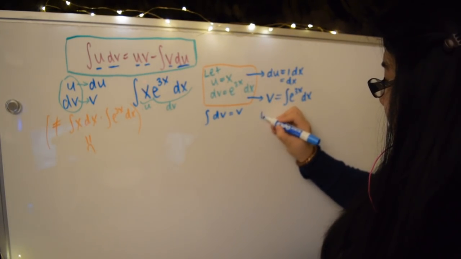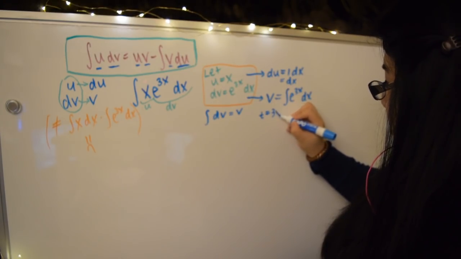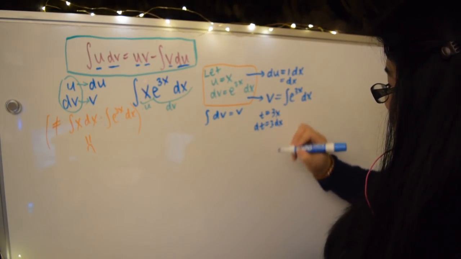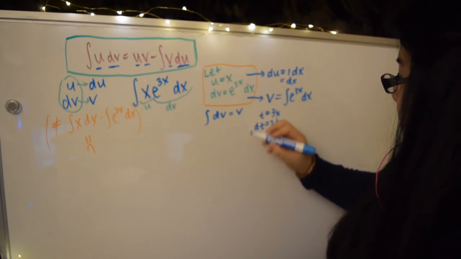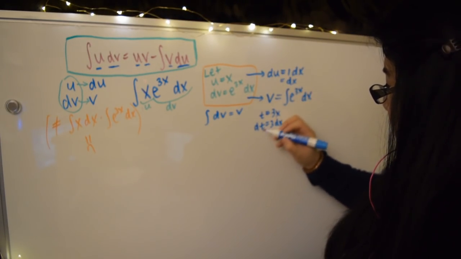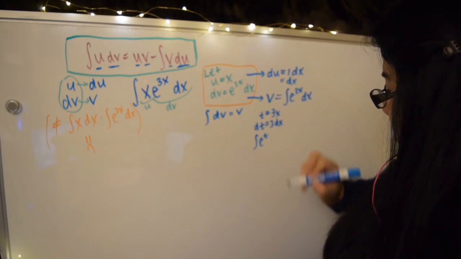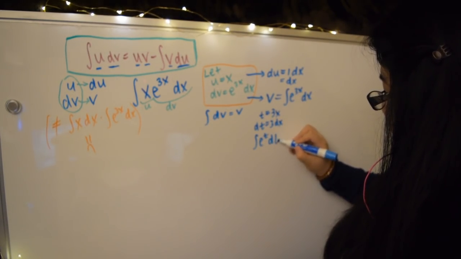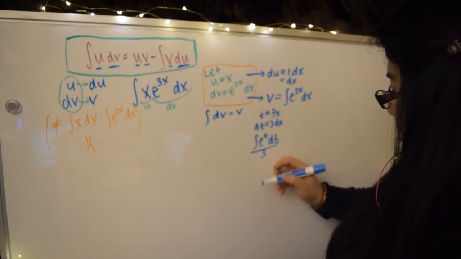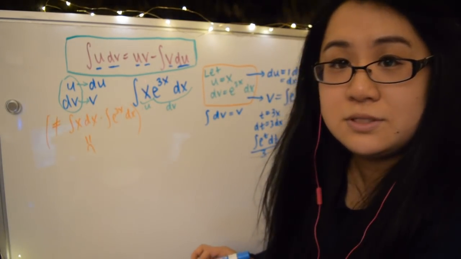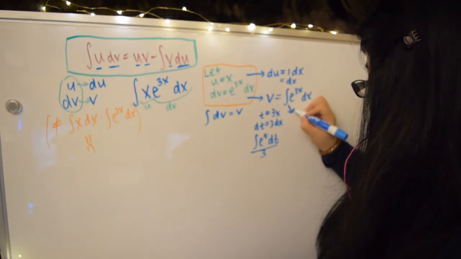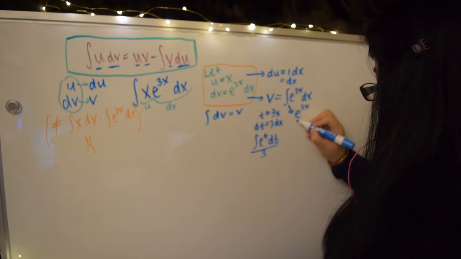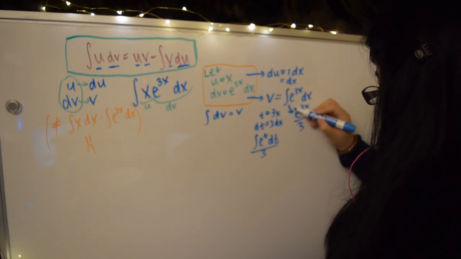If I want to, I can just let t equal 3x, dt equal 3 dx, and then whatever helps you. If you want to do the integral of e to the t, t over 3, if it helps you to see that. But if you're already familiar with it, you'll get e to the 3x over 3, right?